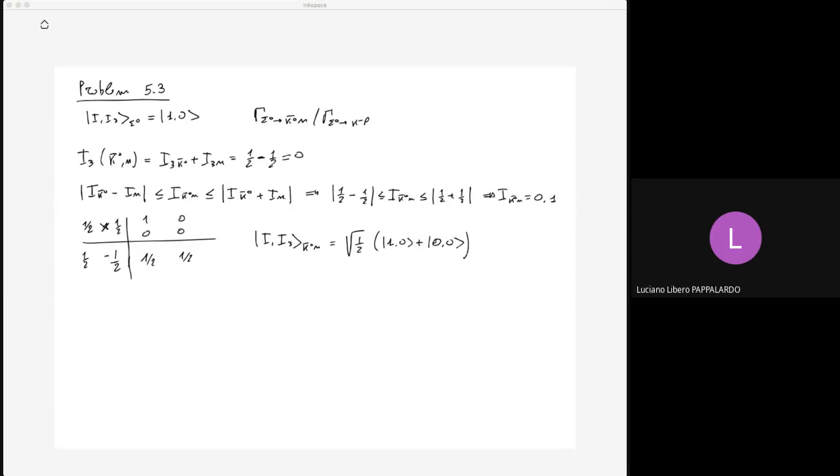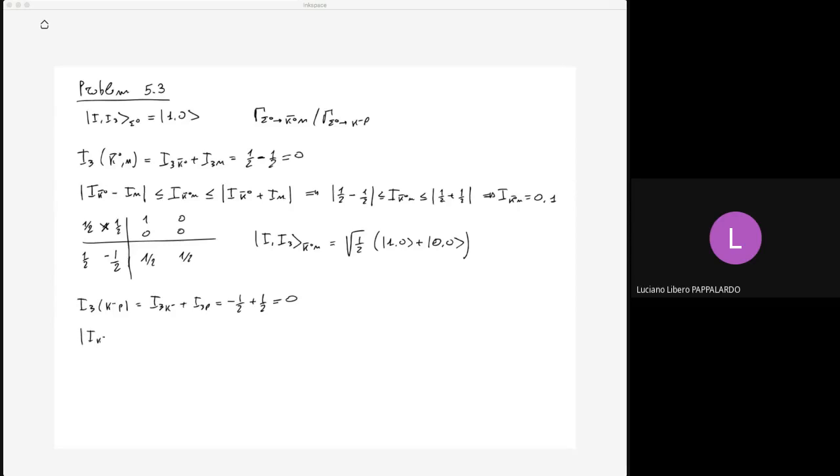Let's now consider the other final state, the K minus proton. So I3 of K minus proton is going to be I3 of K minus plus I3 of proton. That is minus 1/2 plus 1/2, again 0.